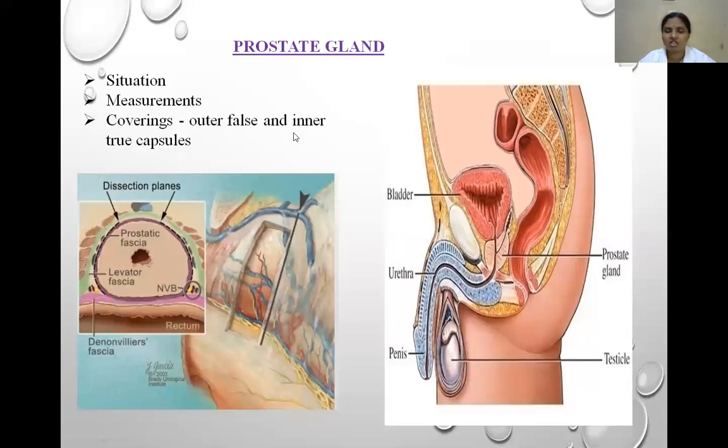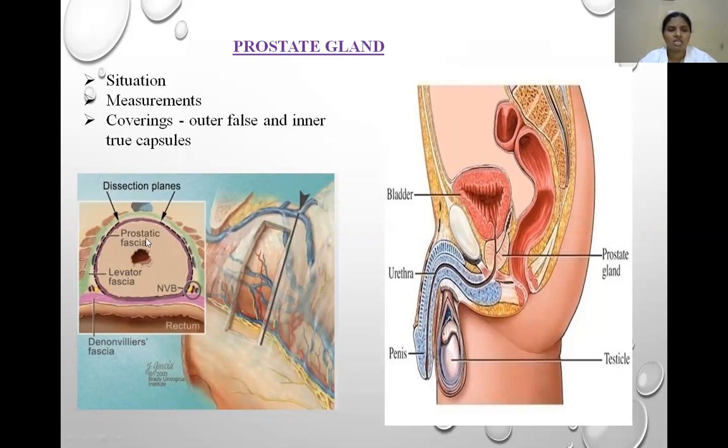Then what are the coverings of this prostate gland? The entire prostate gland is covered by the true capsule. The true capsule is derived from the condensation of its own fibrous stroma. Then outside, there is a false capsule which is derived from the visceral layer of the pelvic fascia. After covering this prostate gland, it extends onto the pelvic wall as a parietal layer, whereas it represents the covering around the viscera as a visceral layer.